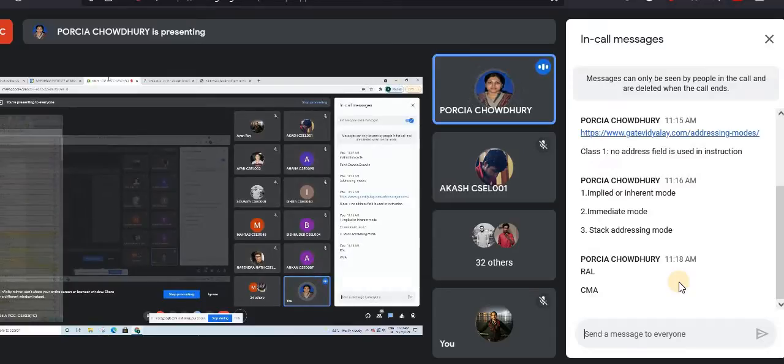For implied addressing mode, first remember the classes. In class 1, no address field will be used, and you have 3 different addressing modes: implied or inherent, immediate, and stack addressing mode. In case of implied addressing mode, remember accumulator.